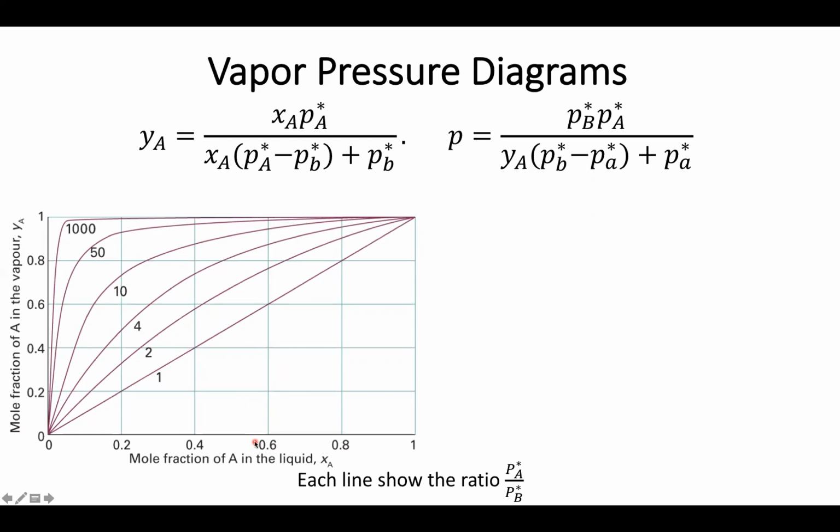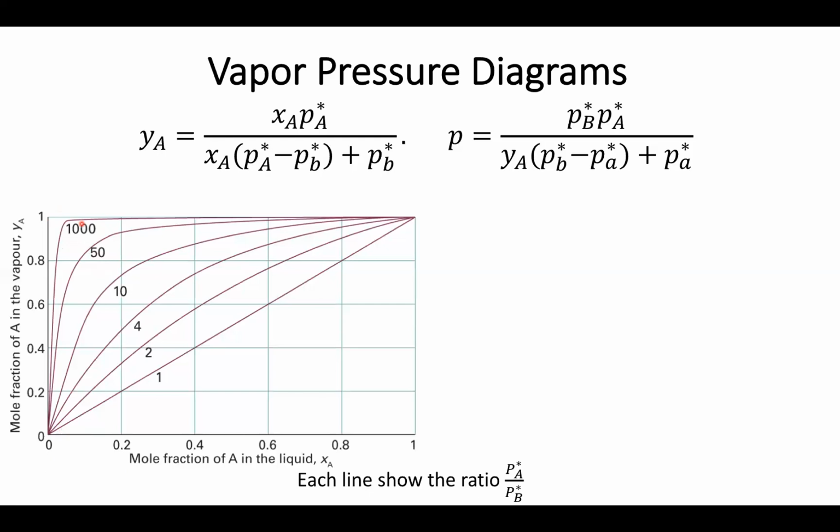However, some interesting things start happening as A starts becoming more volatile. In this case, not surprisingly, since A is more volatile, it is more likely to be found in the vapor phase than B. So by the point that you reach A being 1,000 times more volatile than B, by the time you get to a mole fraction of even 0.1, you'll find that the vapor is quickly entirely A, because it's going to evaporate so much more rapidly than B, which is going to be rather non-volatile in comparison.